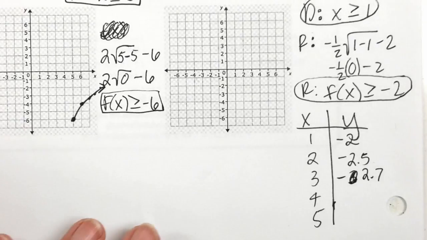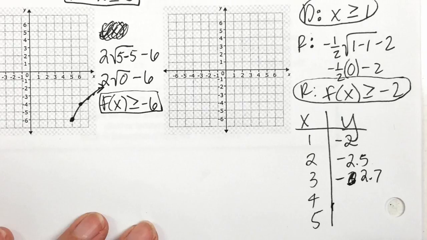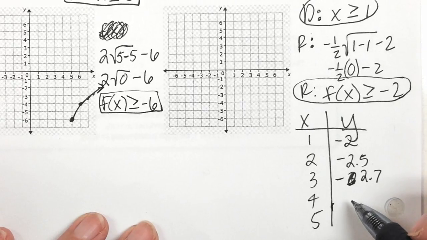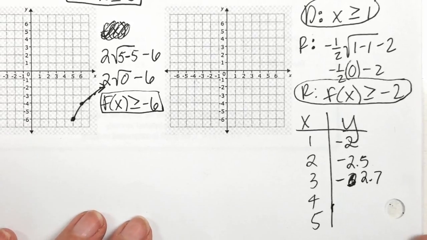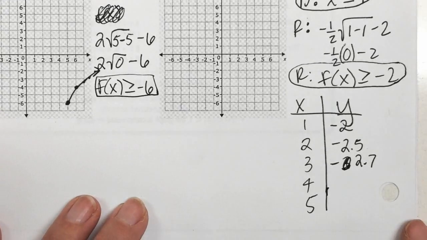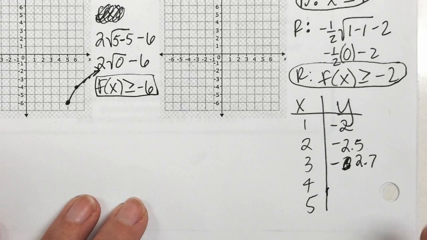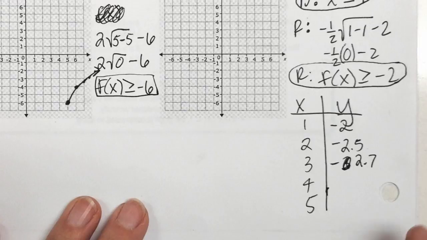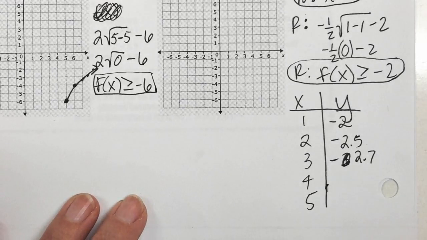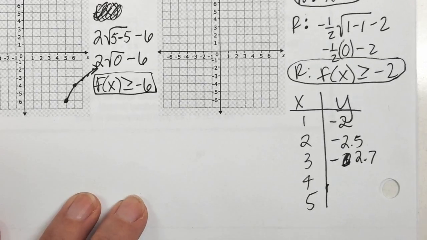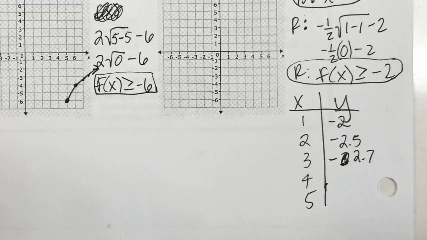Alright. CJ, what'd you get when you plugged in 4? Anybody want to help him out? Negative 2.88.